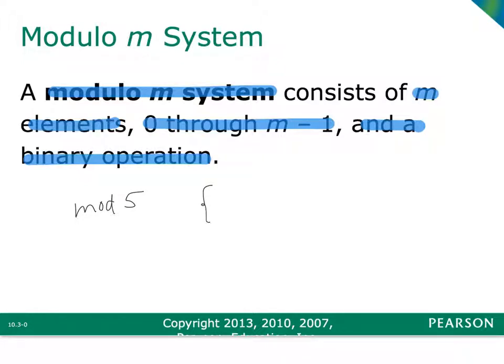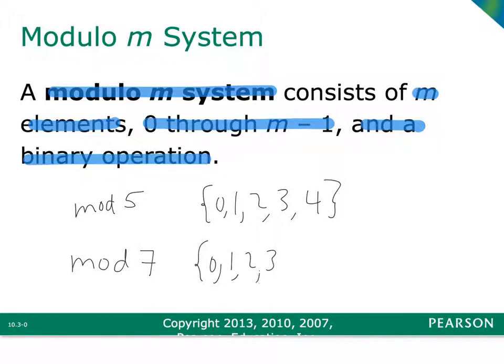Then our set would have 0, 1, 2, 3, 4. We already said mod 12 was 0 and 1 through 11. A mod 7 would have 0 and then the numbers 1 to 6 in our set. And then we'd have some sort of operation like addition or whatever for a binary operation.